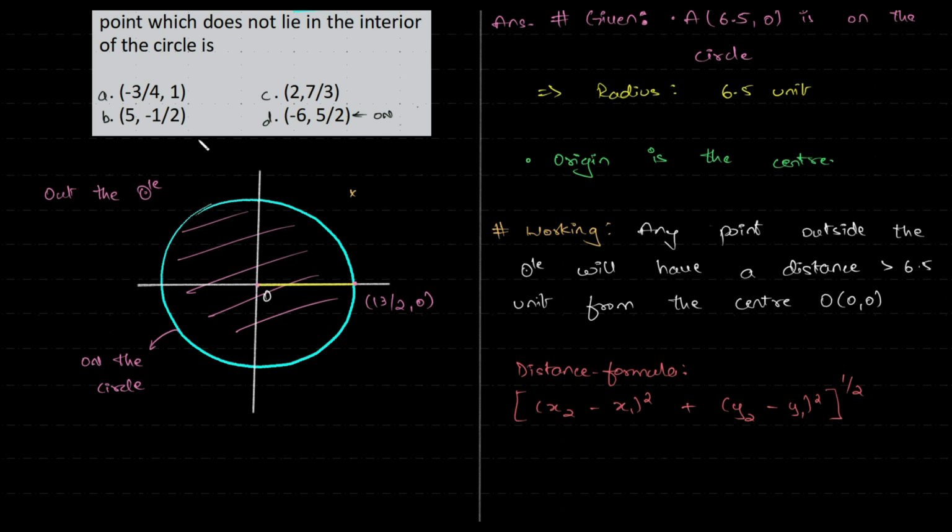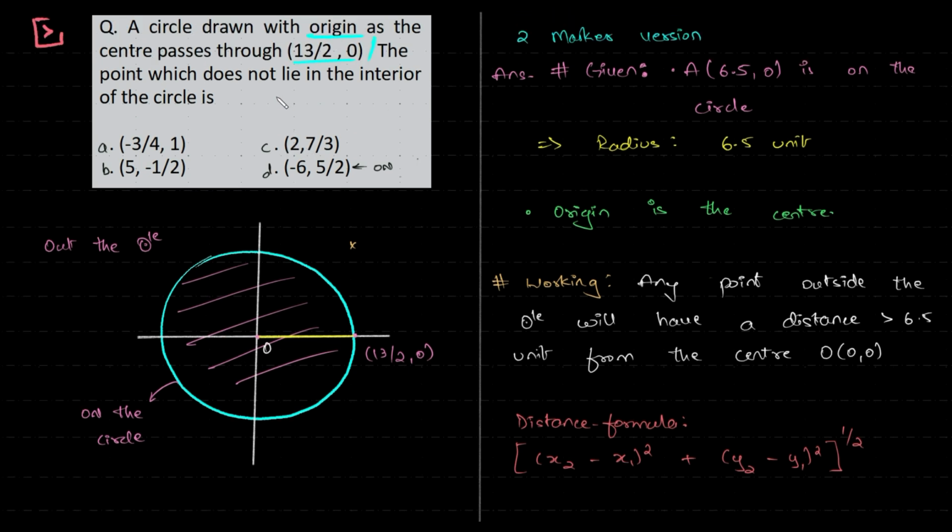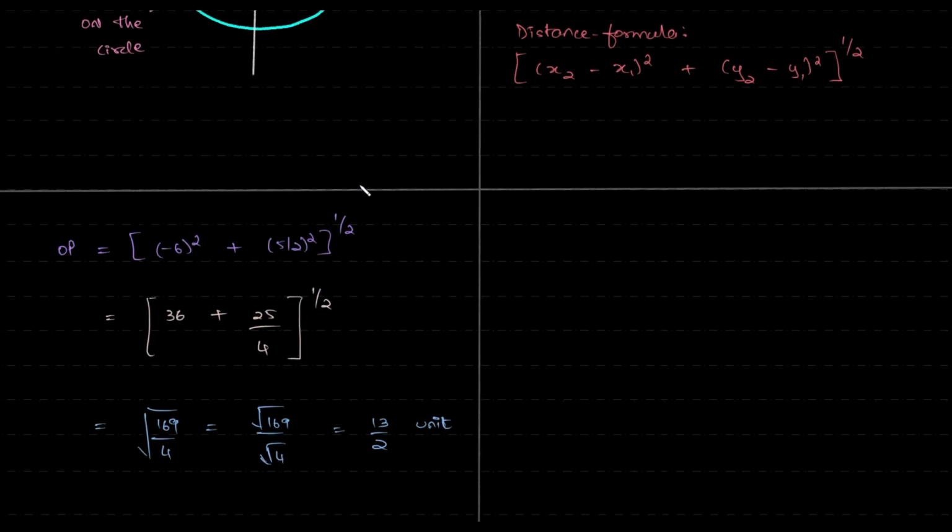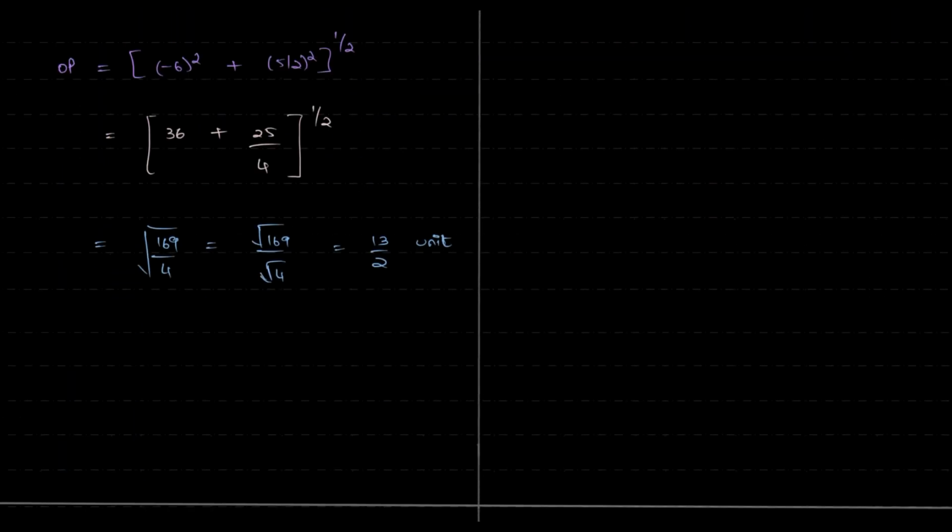So that's not it. Then what else can it be? Can it be this? No, it can't be that. Which does not lie in the interior of the circle. Oh yeah, this is not interior, it is on the circle. The answer is correct anyway. The option is D. So this point is on the circle, not in the interior of the circle.